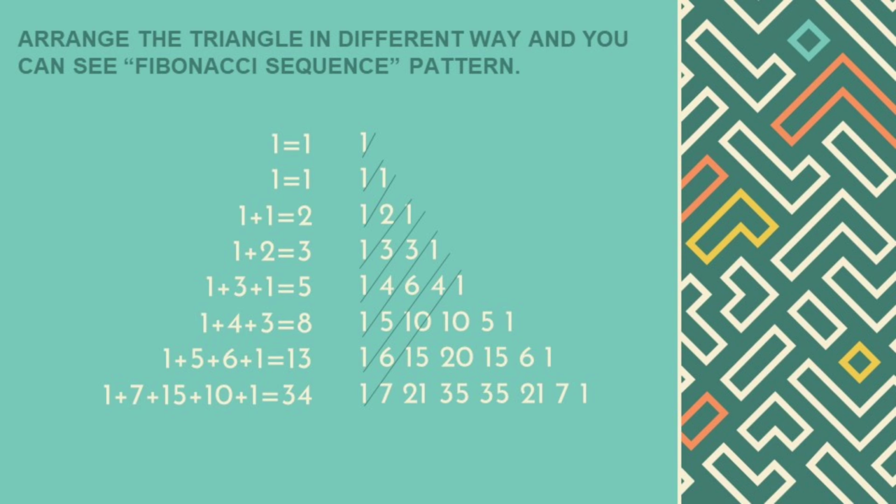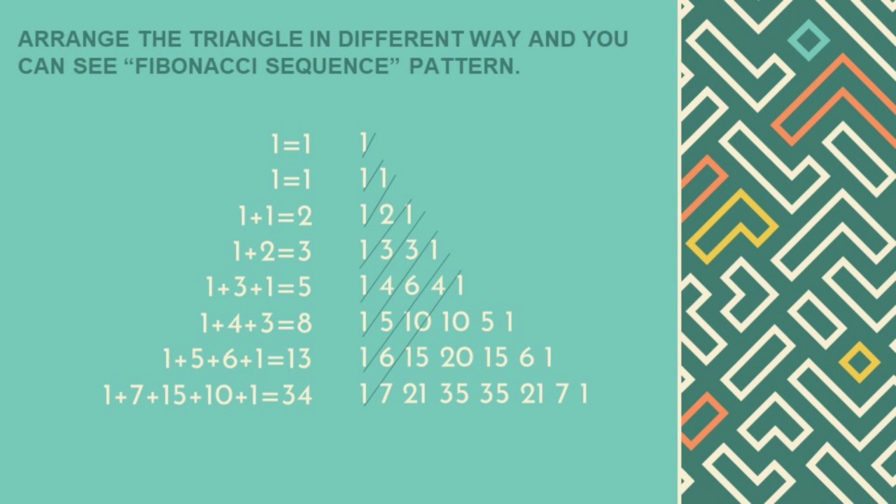Look at the parallel lines drawn, with each cutting through several numbers. Let's add together the numbers on each line. First line we have 1, second line we have 1, third line is 1 plus 1 equals 2, fourth line is 1 plus 2 equals 3, fifth line is 1 plus 3 plus 1 equals 5, and sixth line is 1 plus 4 plus 3 equals 8, and so on.